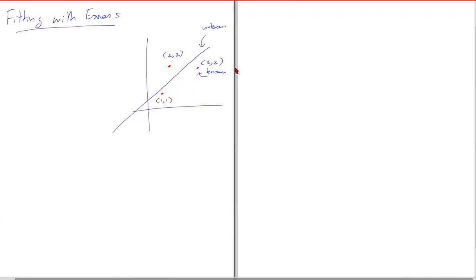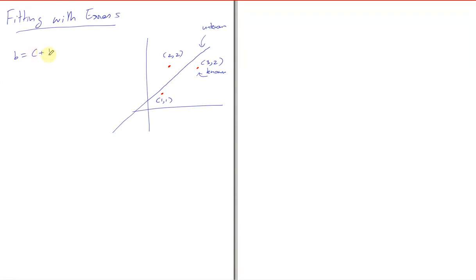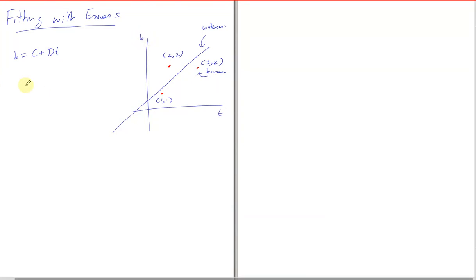Earlier you would solve this by putting these into a matrix, right? So you will assume that B equals C plus D times T. This is the T axis and this is the B axis, let's say. If that is the case, then what is the matrix?